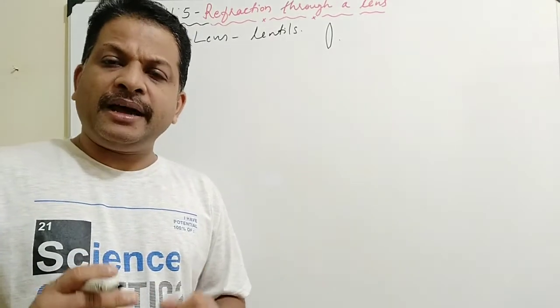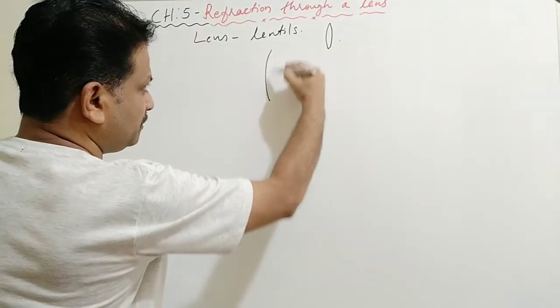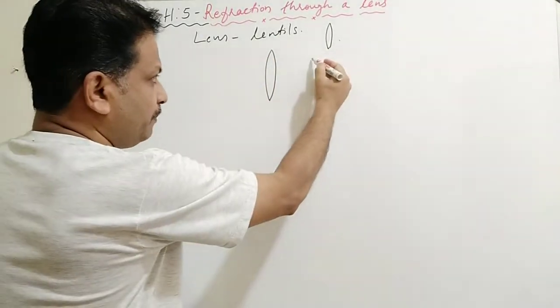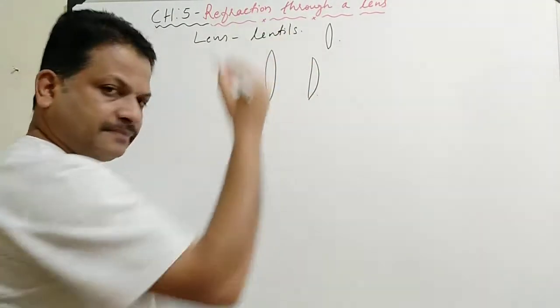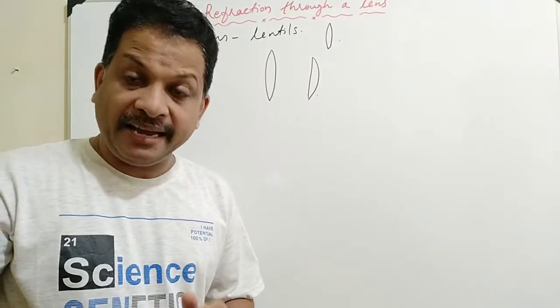A lens is bound by either two spherical surfaces, or one plane surface and one spherical surface. Clear? It is made up of a transparent optical medium like glass.